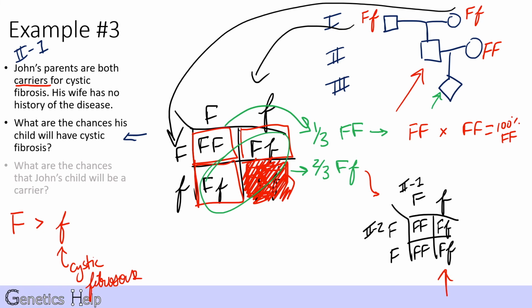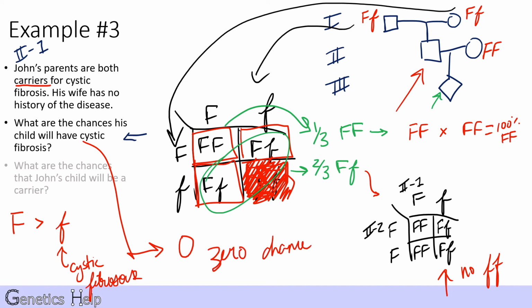So there's no little f. Well, so what are the chances that their child will have cystic fibrosis? 0. 0 chance, because either he's homozygous dominant or he's heterozygous and can't combine a little f with his wife, who we know is big F.